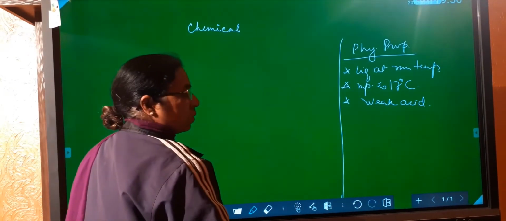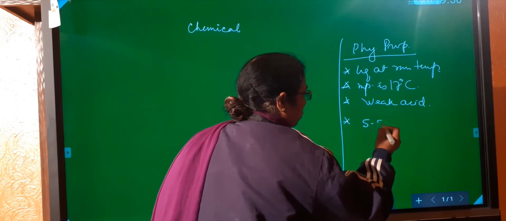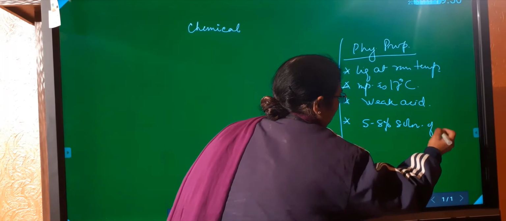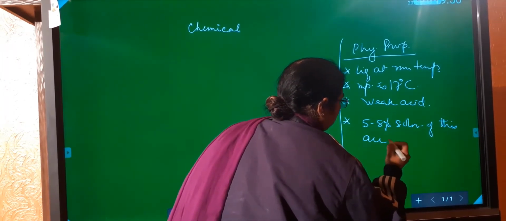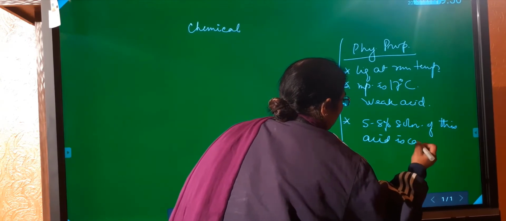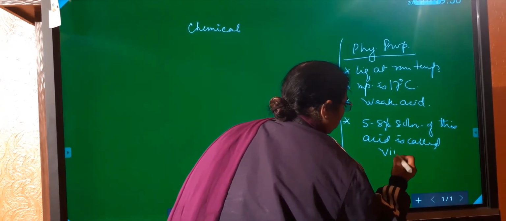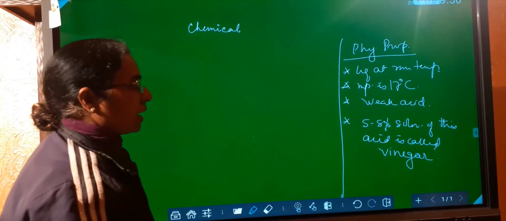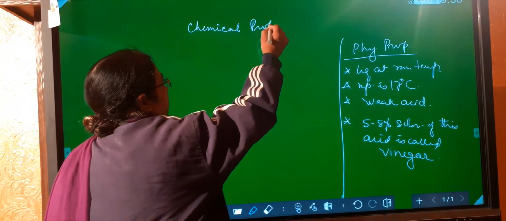This is a weak acid, and further 5 to 8% solution of this acid is used as a vinegar. Alright, it is used as a vinegar. Now let us see its chemical properties.